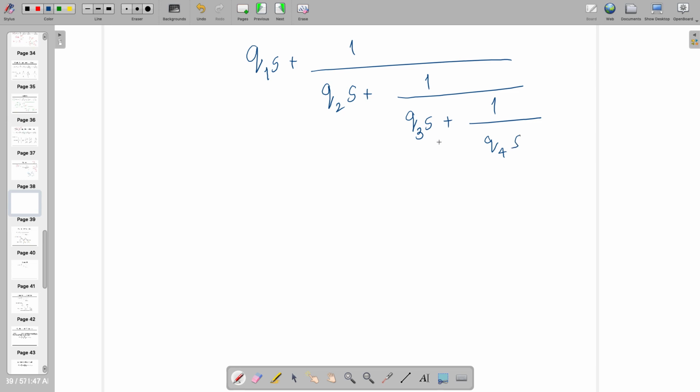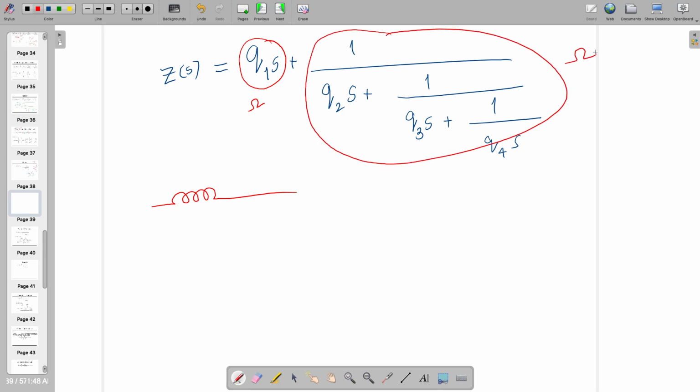Let's assume that I want to draw this one, which is an impedance function. Is the first entry an inductor or a capacitor? Inductor or capacitor, I'm asking you. Inductor. Okay. Now we know that the unit of this one is ohm, and the unit of this one is also ohm. So the entire thing will be in series.